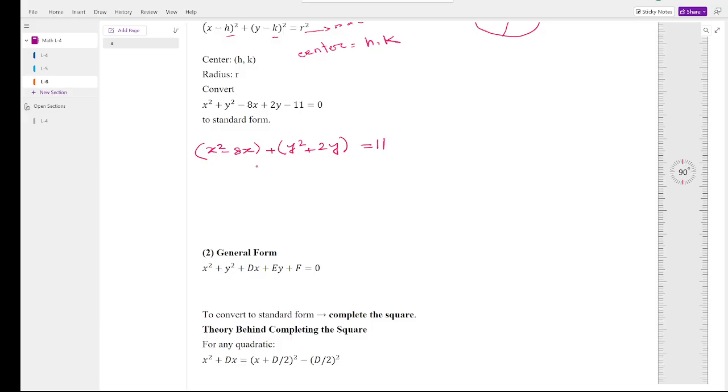So for the x term, this is d. And for the y term, this is e.